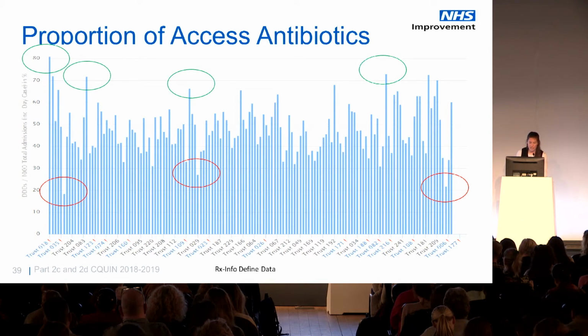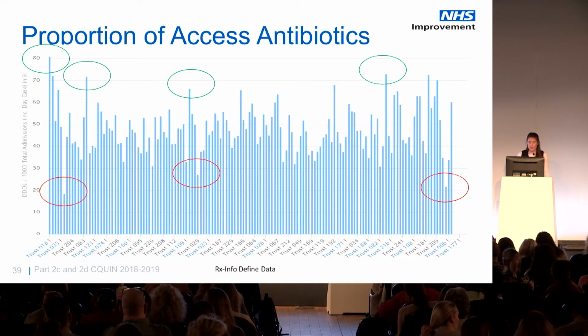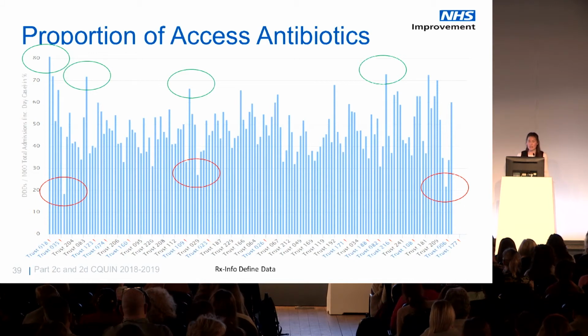So this graph just shows really the proportion of Access antibiotics that are used within England. And as I mentioned before, there's a huge variation, with actually some hospitals doing really well. They're using a lot of narrow-spectrum antibiotics.